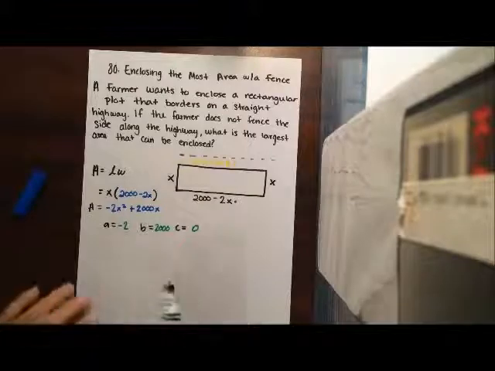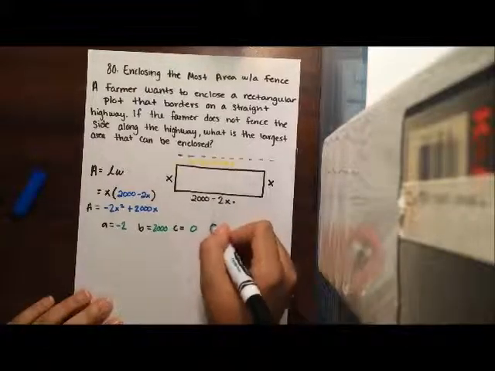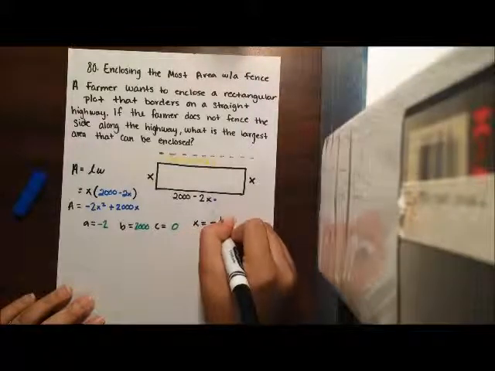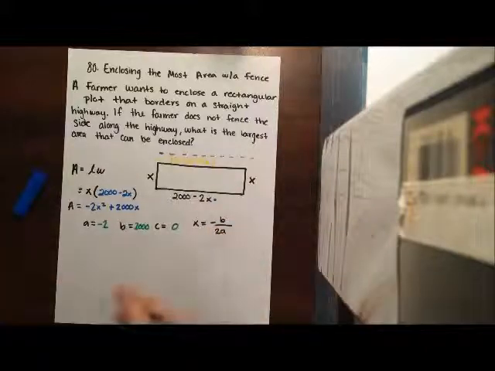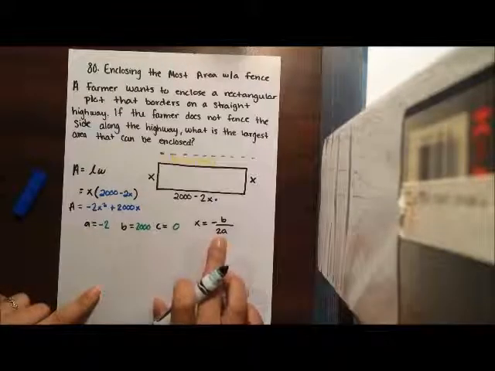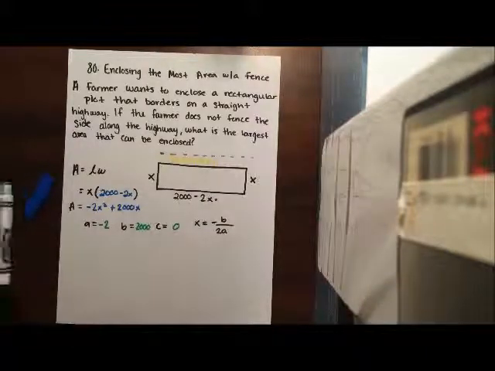So the function to find your x is x equals negative b over 2a. This is going to give us the vertex that will allow us to find the maximum area. So you want to plug in these numbers into this function so that you can find your x.